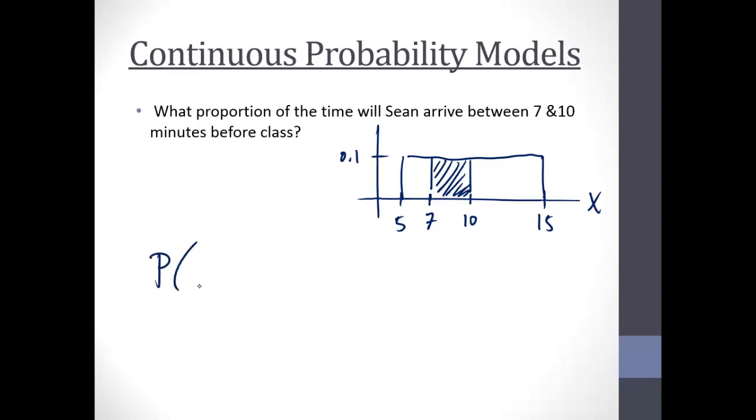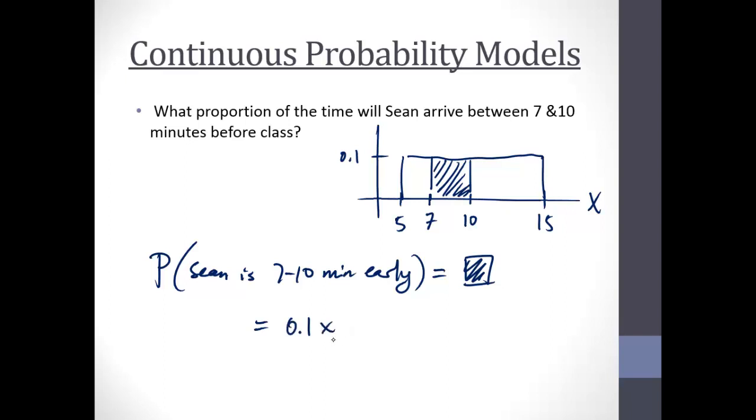So the probability that Sean is 7 to 10 minutes early is simply the area of that shaded spot, which is the height, 0.1, multiplied by the width, 10 minus 7, so 0.1 times 3, which is 0.3.